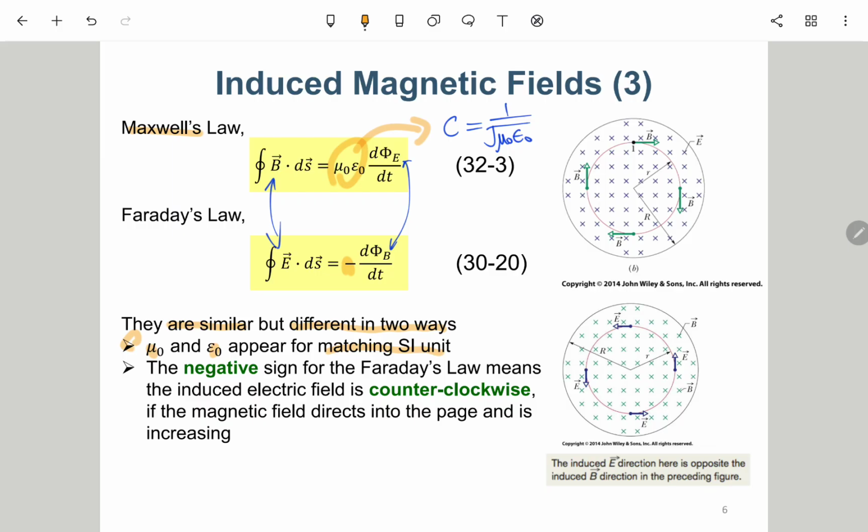So if we have an E field pointing into the page and increasing at a steady rate, it will generate a B field clockwise.